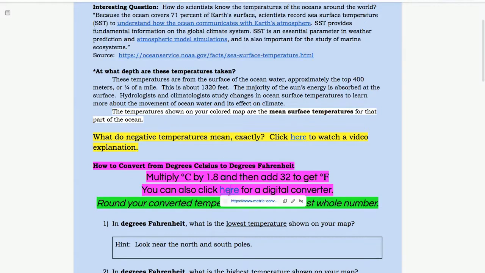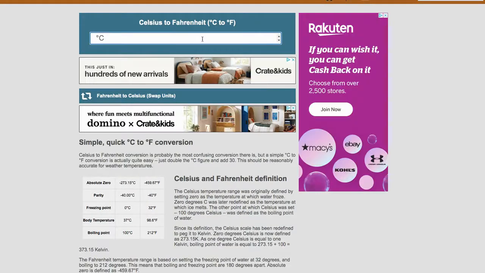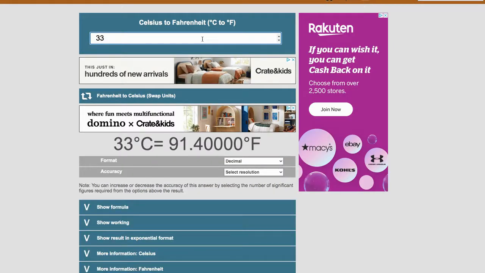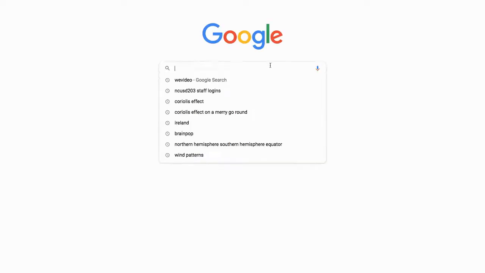Also, we can click here for a digital converter, and I can just put in 33, and then I have 91.4 degrees Fahrenheit, which is about 91 degrees Fahrenheit if we round to the nearest whole temperature. Also, Google has a nice temperature converter.